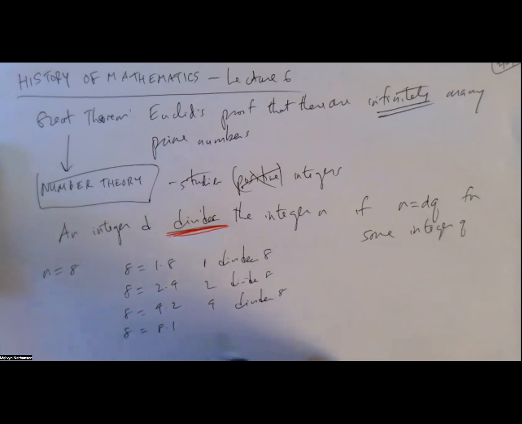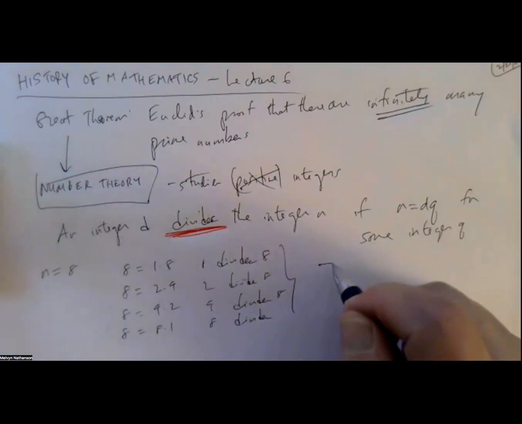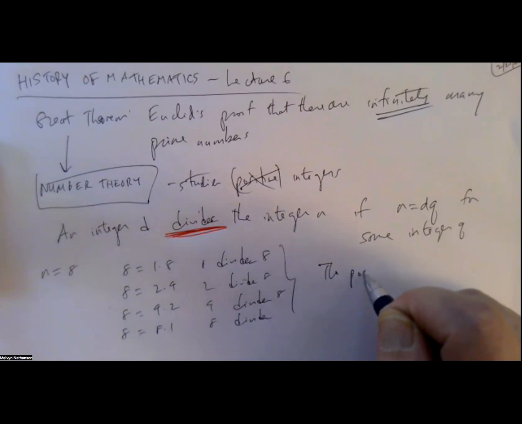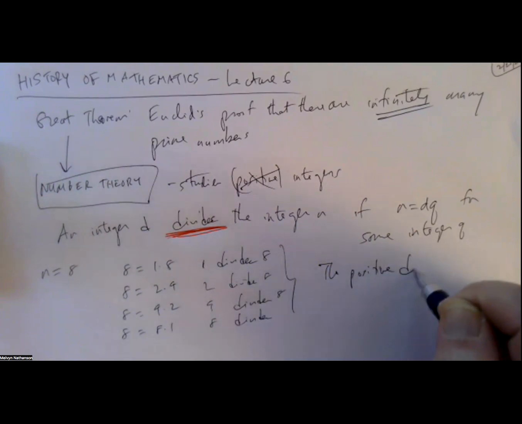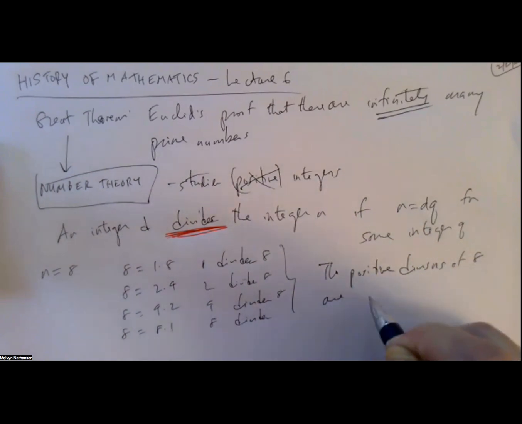And 8 is 8 times 1, so 8 divides 8. And these are the only positive divisors of 8. So the positive divisors of 8 are 1, 2, 4, and 8.